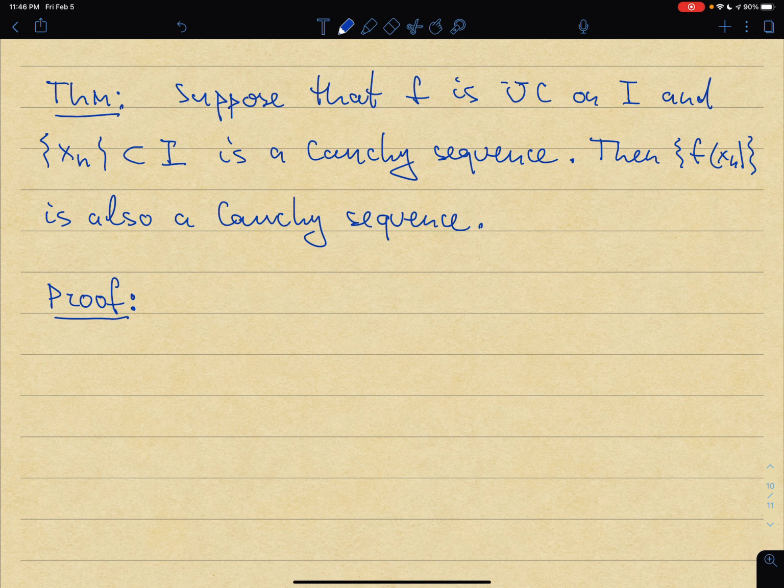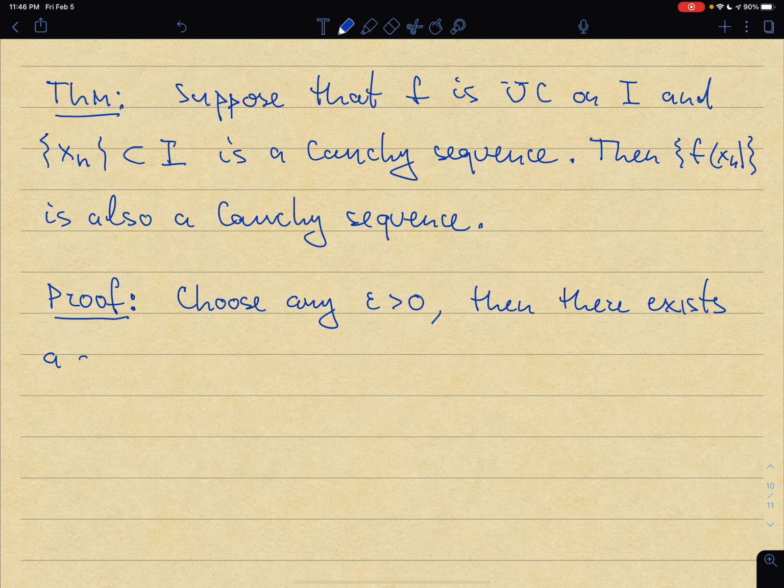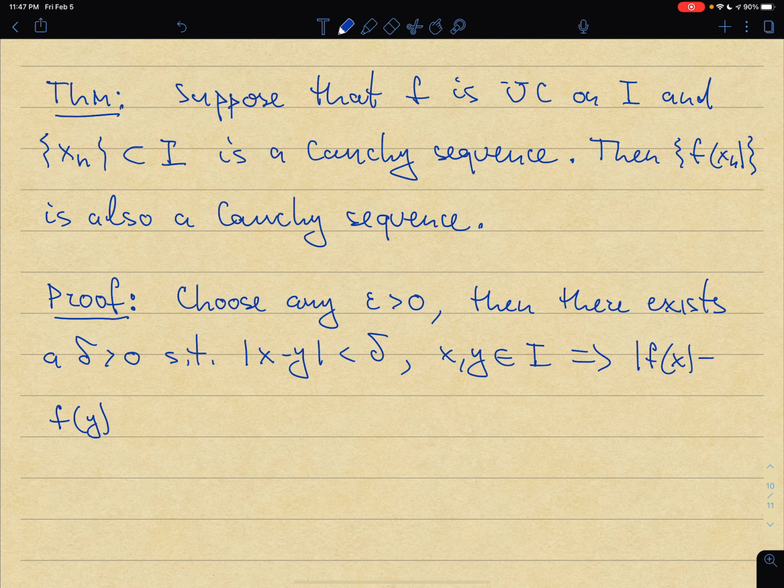Well, then, because f is uniformly continuous on I, there exists delta greater than 0 such that if x minus y is less than delta, and x and y both belong to I, then this implies that f of x minus f of y is less than epsilon.